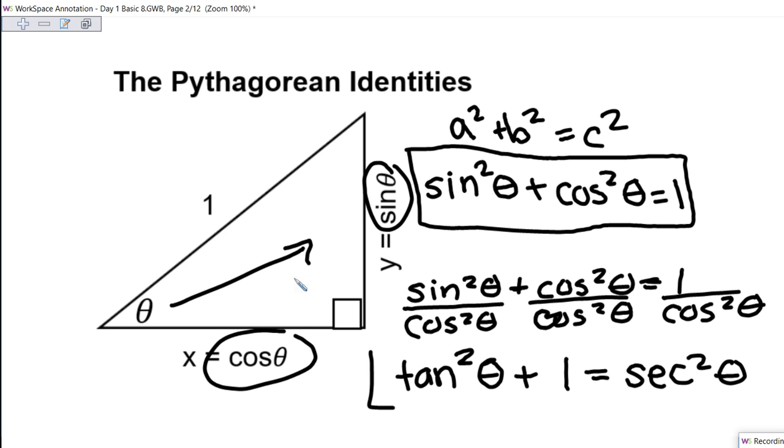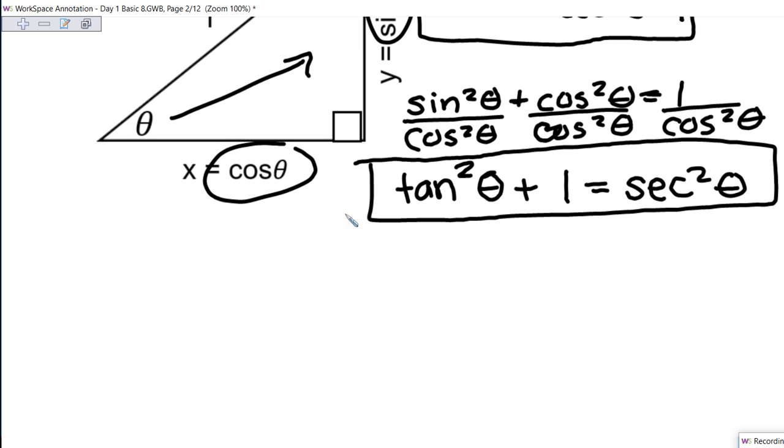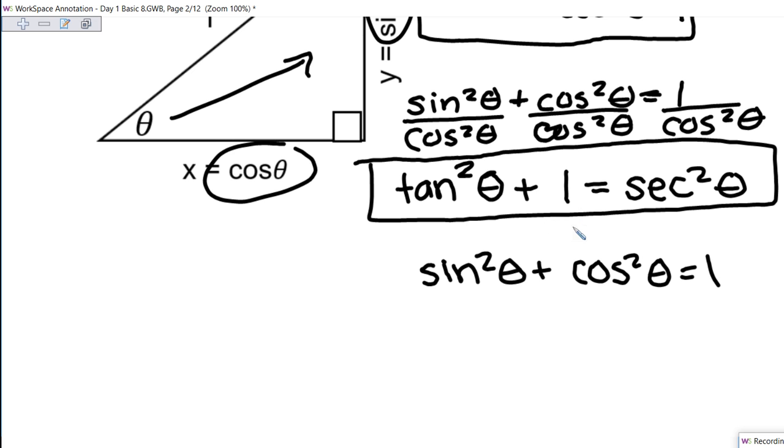Now for that equation, I divided everything by cosine squared. Well, I could do the same process, but instead of dividing everything by cosine squared, let's see if I divide everything by sine squared. So starting with the main Pythagorean identity, sine squared plus cosine squared is equal to 1. Now, what happens if I divide everything by sine squared?